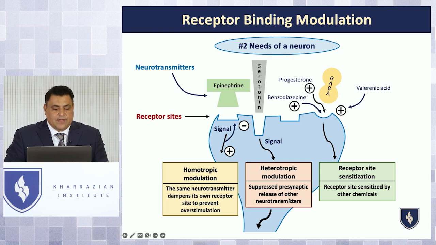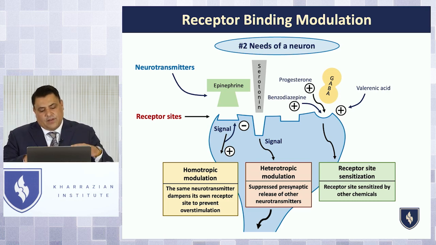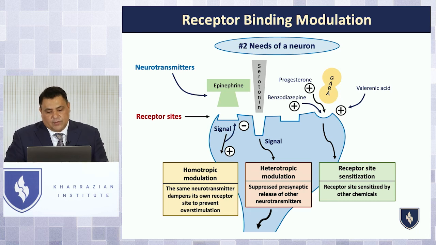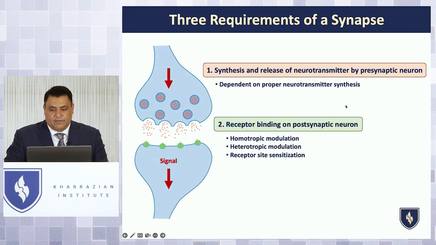Basically, one neurotransmitter binding with another neurotransmitter may have a different effect. Or receptor sites can be sensitized. For example, progesterone can sensitize GABA receptors, right? Valeric acid from valerian root can sensitize GABA receptors. That's the area of receptor site sensitization. So those are all part of receptor site postsynaptic functions.